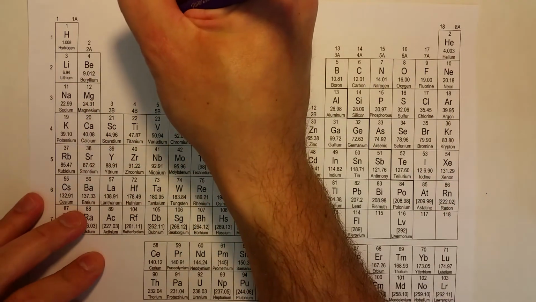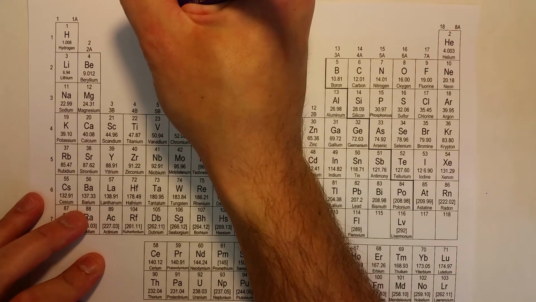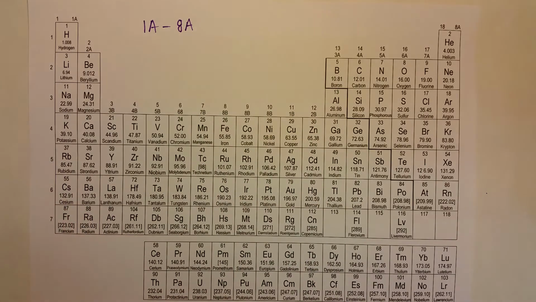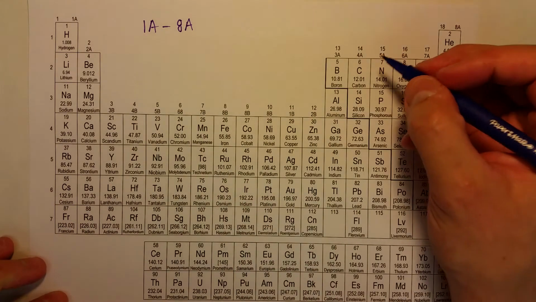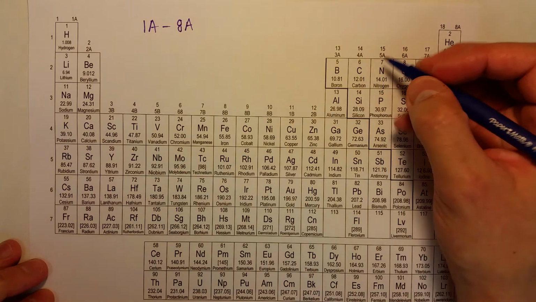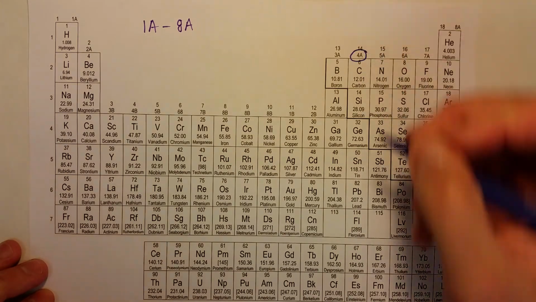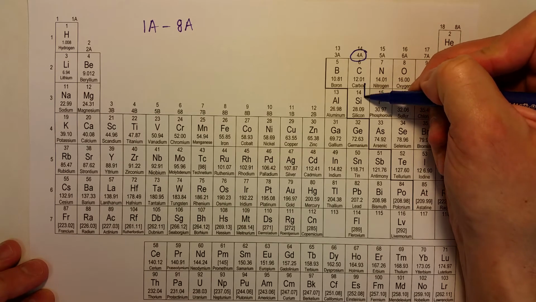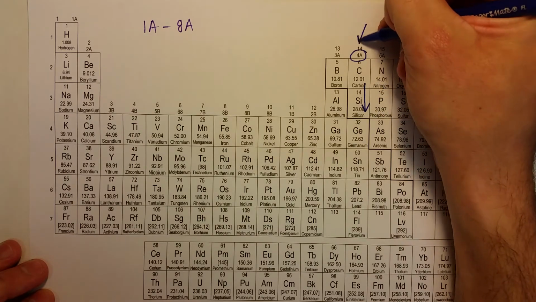If we use the A numbering system, 1A through 8A, that will tell us the number of valence electrons. If you remember, carbon had 4 valence electrons. It is in group 4A. All of the elements in group 4 have 4 valence electrons.